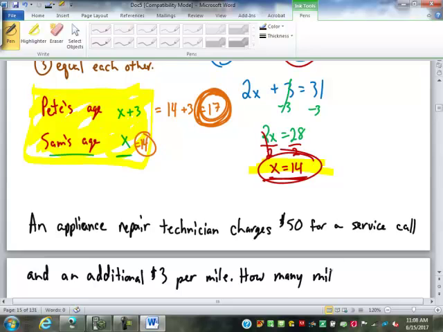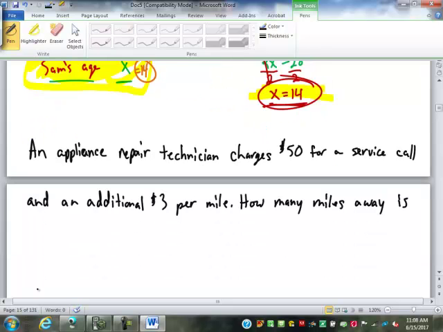How many miles away is a call that cost $98?